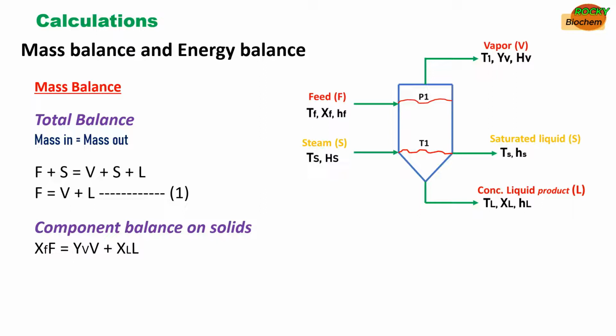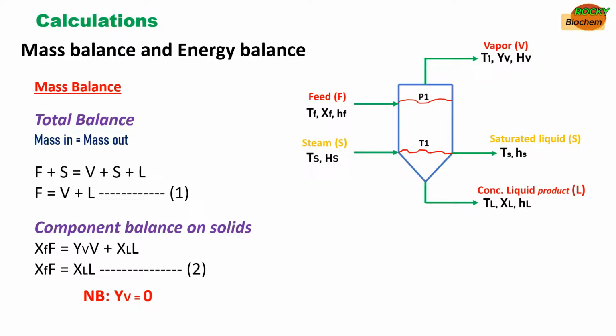We know that YV, the percentage of solids present in the vapor exiting through the upper chamber, is always equal to 0. So the equation reduces to the percentage of solids in the feed being equal to the percentage of solids in the final product. That is XF F should be equal to XL L. In some textbooks, they represent the concentrated product with letter P. Whether letter P or letter L, it is the same thing.